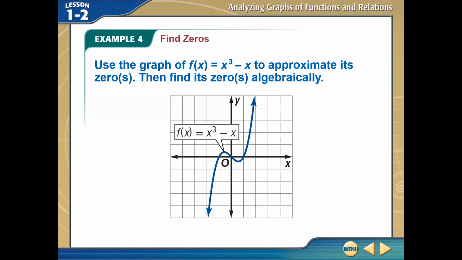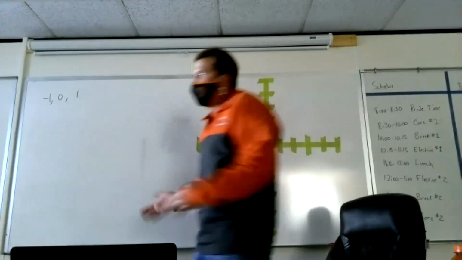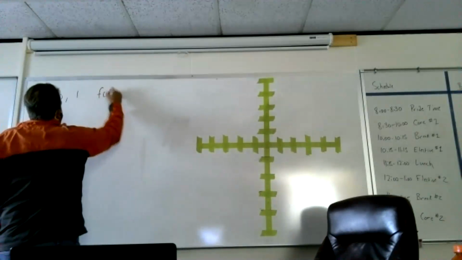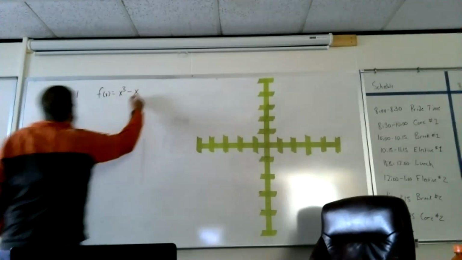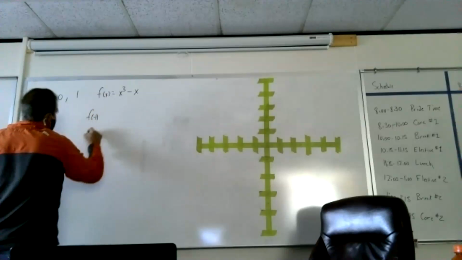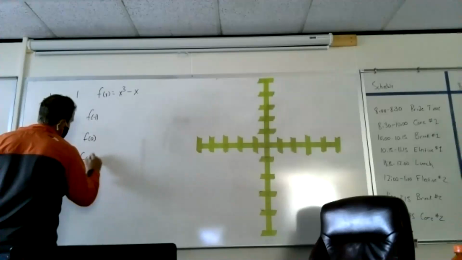Probably the first way that you would think about proving this algebraically is to just plug these in, right? If f of x is equal to x cubed minus x, I can find f of -1, f of 0, and f of 1.